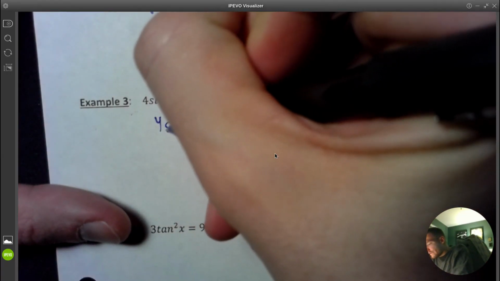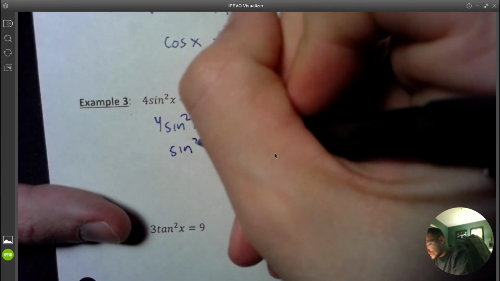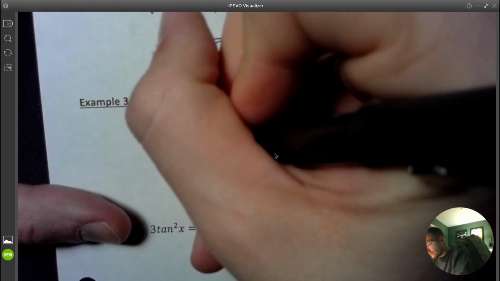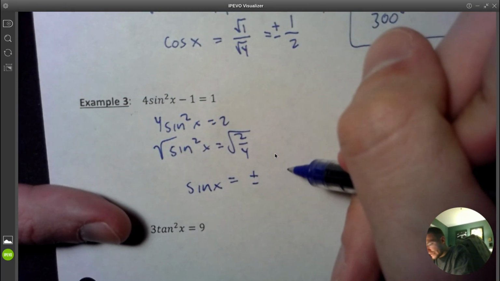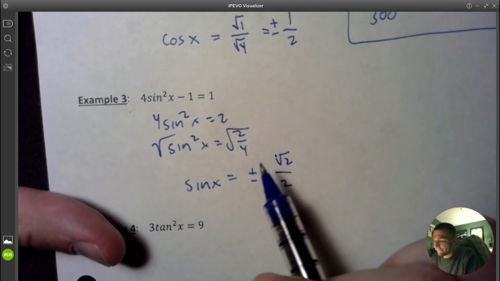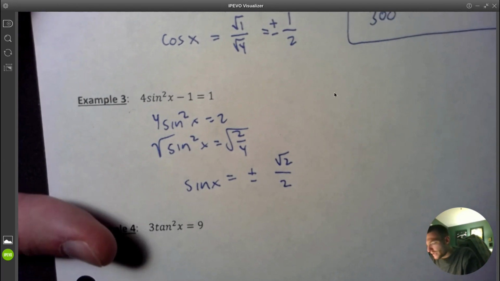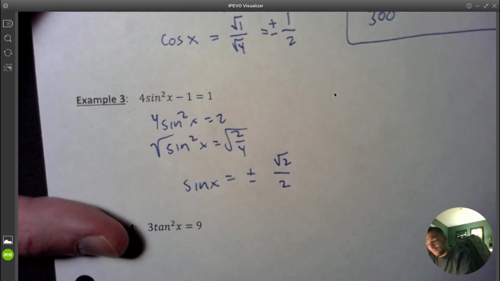Add 1. 4 sine squared x equals 2. Divide by 4. Sine squared x equals 2 over 4. Square root both sides. Sine x equals plus or minus square root 2 over regular 2. That 4 turns into a regular 2. Well, square root 2 over 2, that's my 45s.